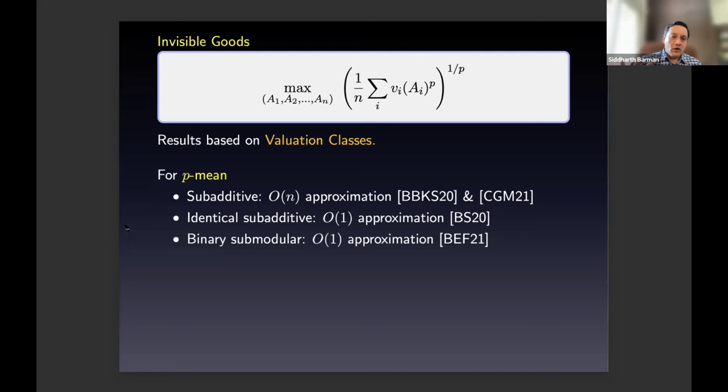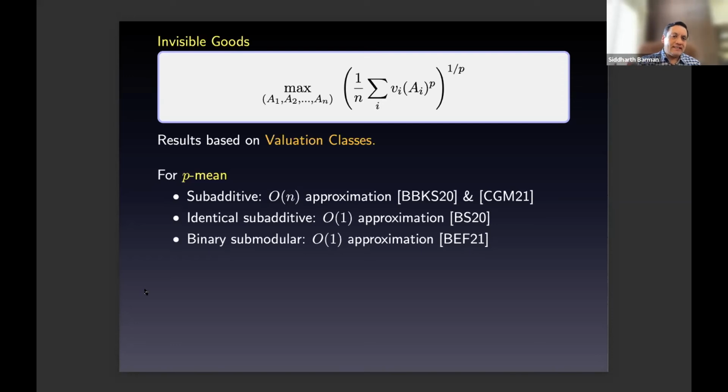So algorithmic results deal with this by working with valuations that are specified through an oracle. You submit a subset, and the oracle returns what v_i is for that subset. That's called the value oracle. And what we show is that in such value oracle models, this order n is tight. That's it. This is the best you can hope for when you are dealing with subadditive, or in fact a class below, which are called XOS functions.